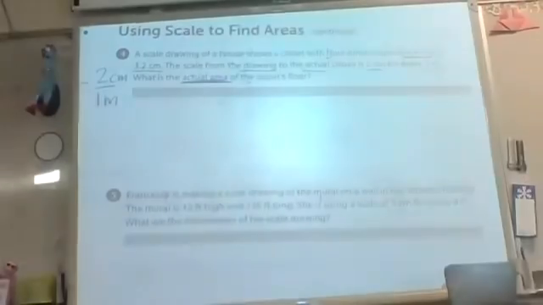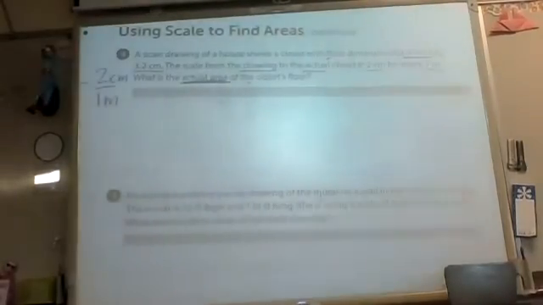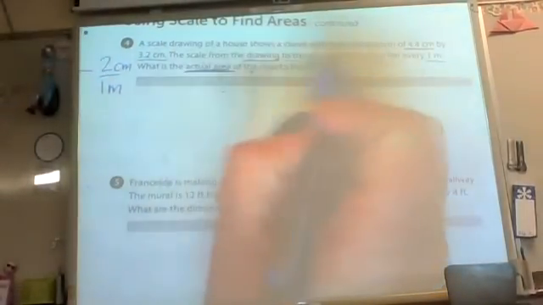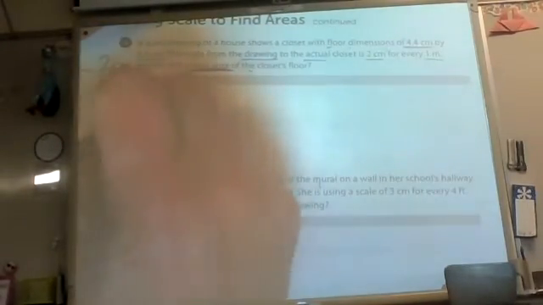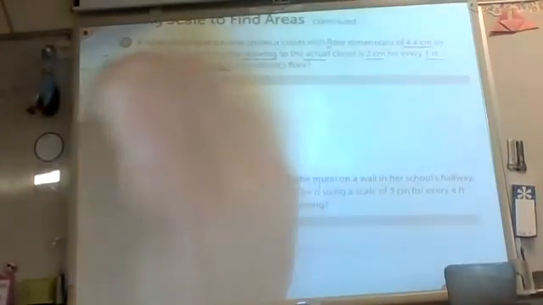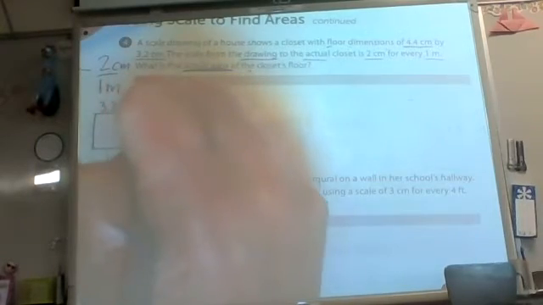So look at this. All right, so here it is. The scale drawing of the house shows a closet with dimensions of 4.4 by 3.2. Again, just because I am who I am, I want to draw this out. Next.